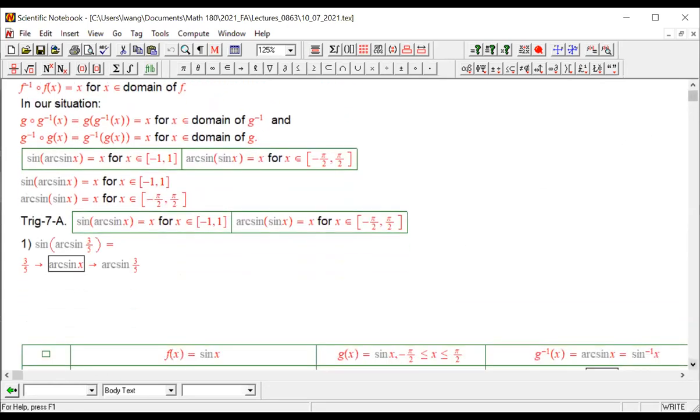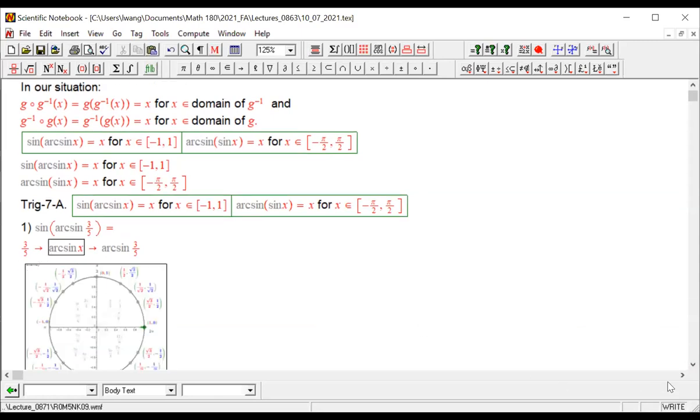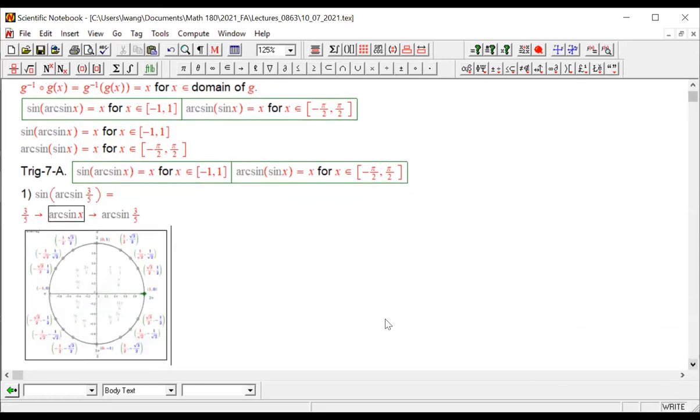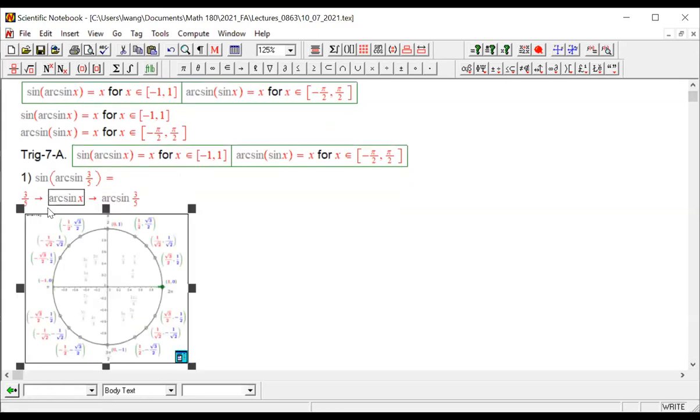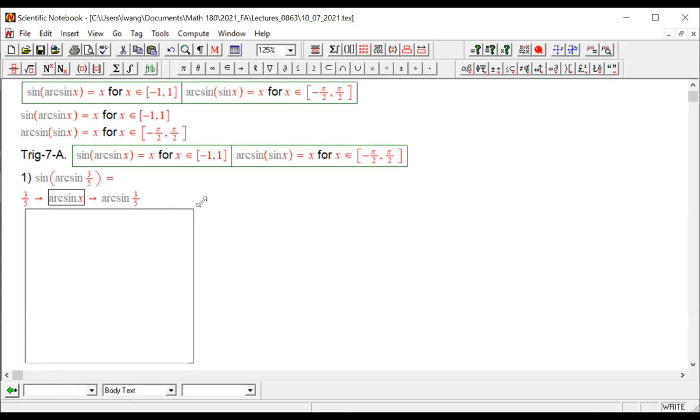I'm looking for my unit circle. If I use this unit circle, what does that mean? I know the ratio and I'm looking for the angle. You guys follow me? I know the ratio, I'm looking for the angle.